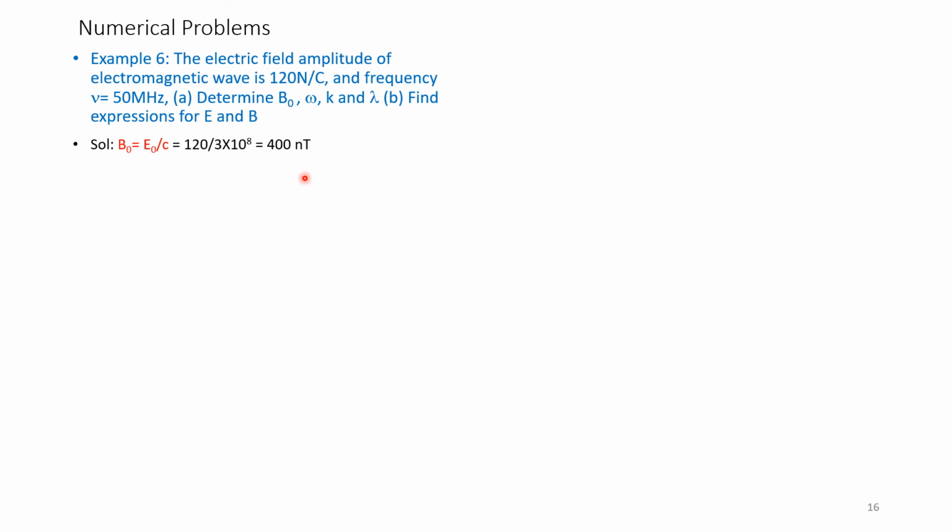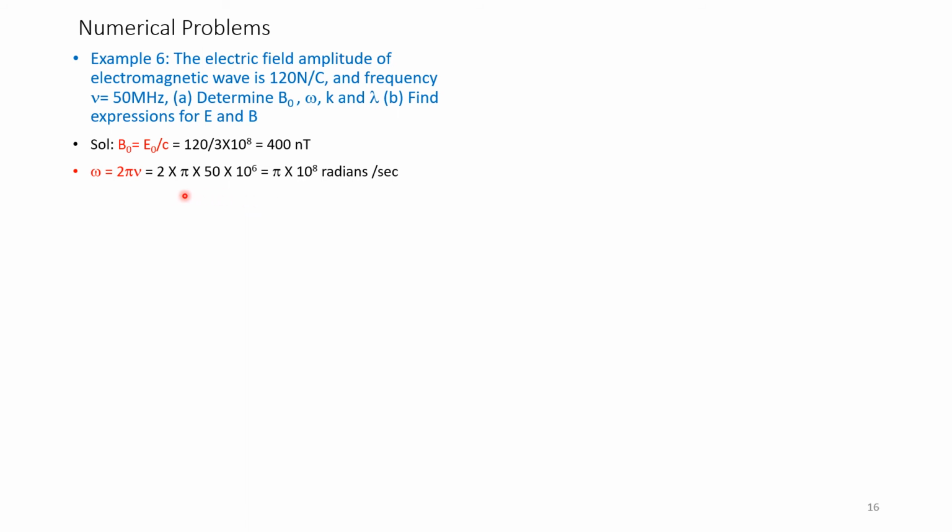Angular frequency omega is equal to 2 pi v, that is equal to 2 into 3.14 into 50 into 10 to the power of 6.